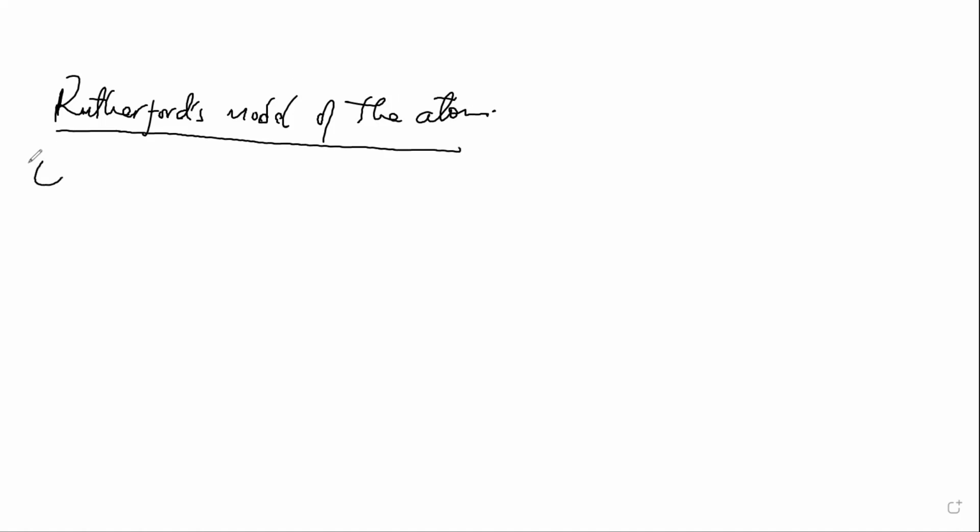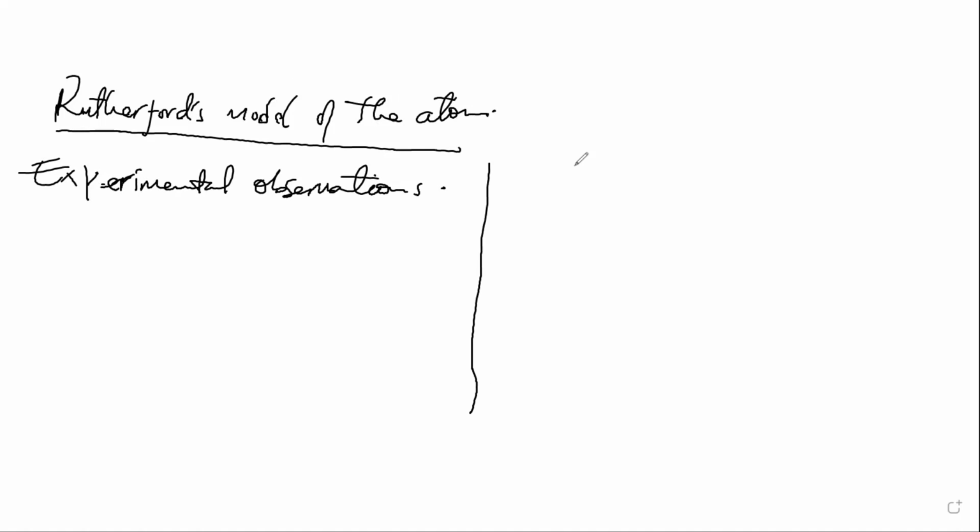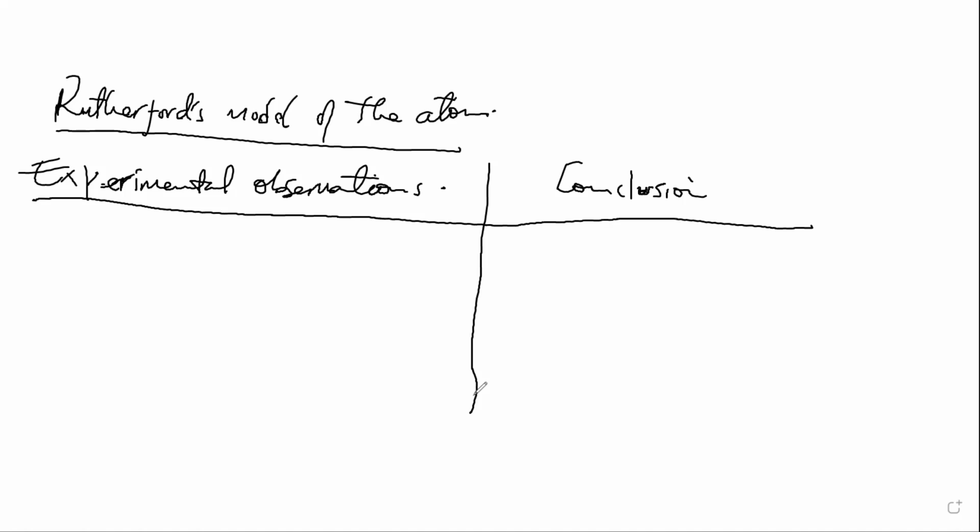So, experimental observations. What did you observe? Anyone who recalls, there were 3 observations made. Particles were deflected. Yes? How are they deflected? Very many, very few, none, all of them?